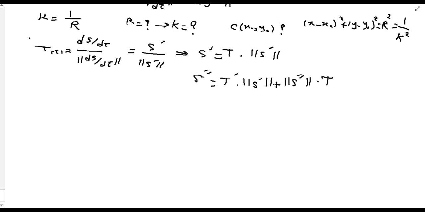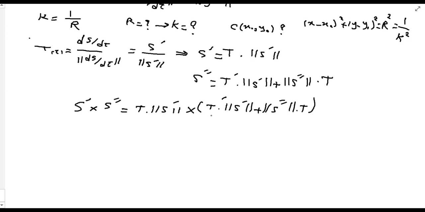Now if I take the cross product of r' and r'', the cross product with the second derivative is equal to T times norm of r' T prime norm of r' plus, if I multiply by the cross product, we will get T prime, and this is a scalar.